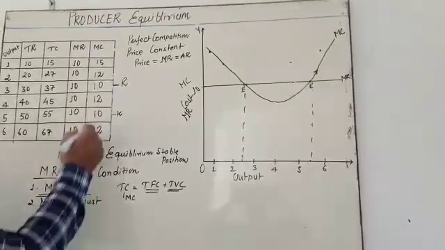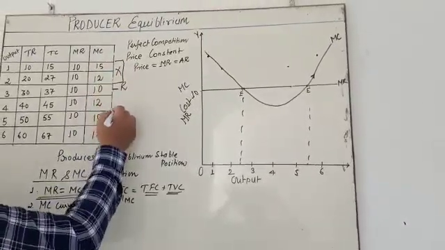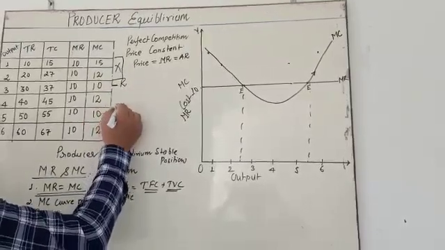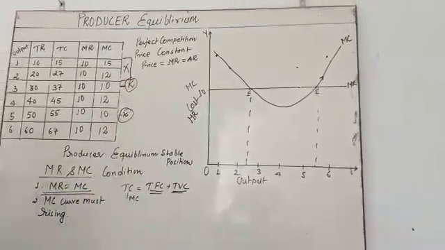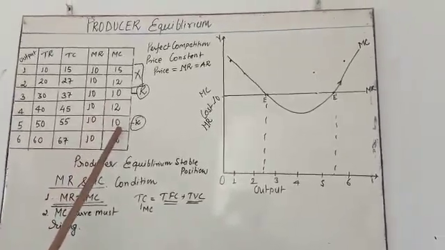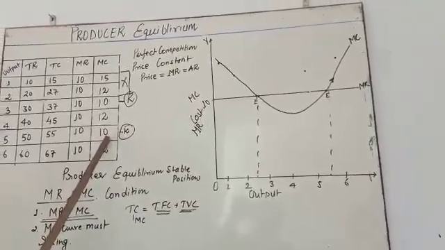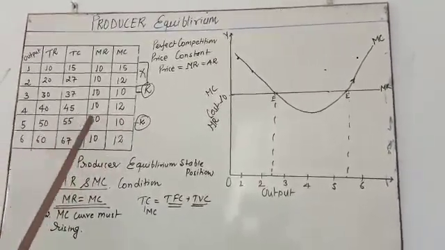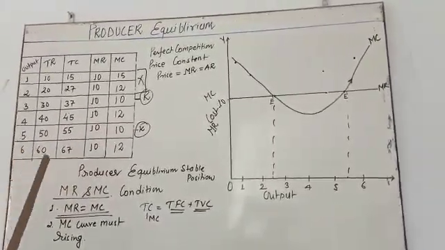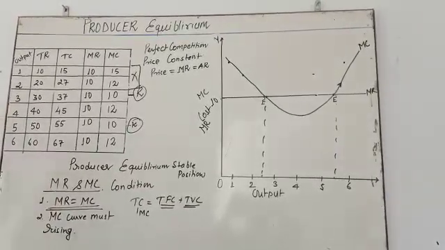In other places there is no profit; at these places there is no profit, and at these places he gets maximum profit. So the producer stays in this situation. It is the equilibrium position. He is not going to decrease the output, because if he decreases the output, he will take a loss. Okay, I hope you understand, my dear students. It is a very important topic.